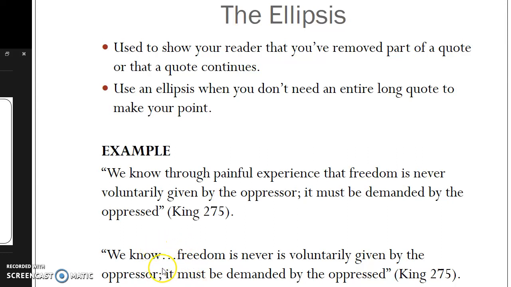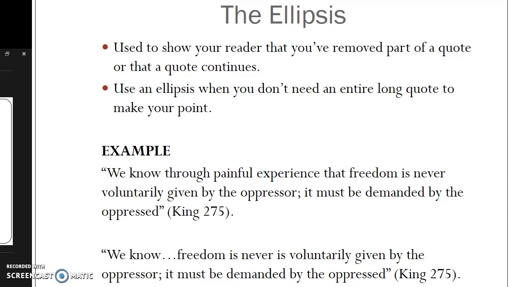And when you see an ellipsis within a quotation, what that means is that you've omitted part of the quote. So it shows your reader that something was here, but you didn't need it for your quote, and so you took it out. You only want to include in a quote what's necessary to support what you're saying, and so sometimes you might want the beginning of something and the end and not the middle, and that's when you would use an ellipsis.